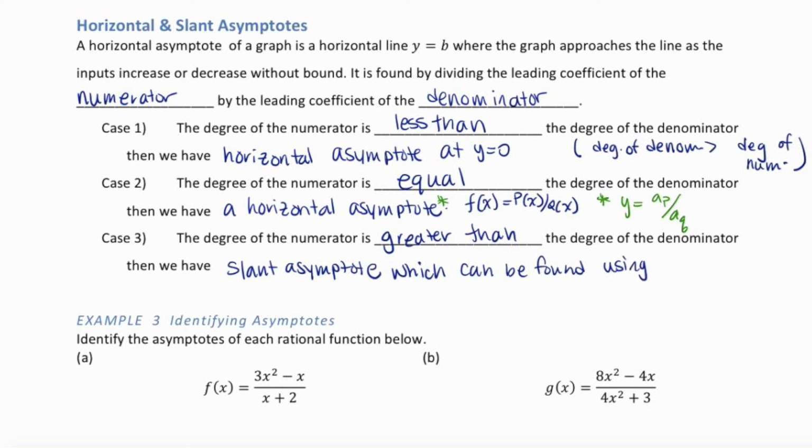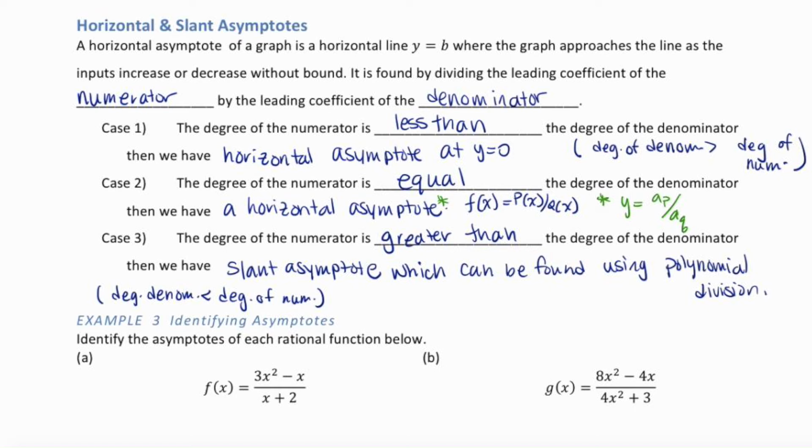Well, it can be found using polynomial division. And note that if the degree of the numerator is greater than the degree of the denominator, that tells us that the degree of the denominator is less than the degree of the numerator. And this is the language your textbook uses.